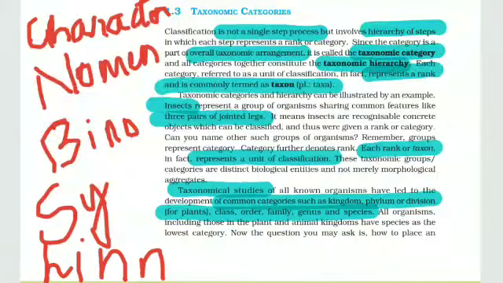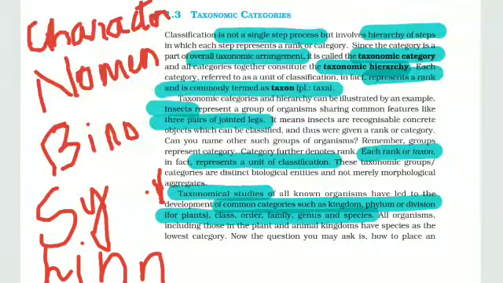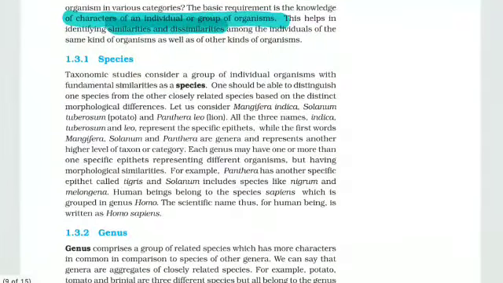You'll have to represent it as, if it is an increase in common characters, then it goes from kingdom to species, or a decrease in common characters from species to kingdom. I hope you understood. We'll be studying each and every taxonomic category in detail in the next video.